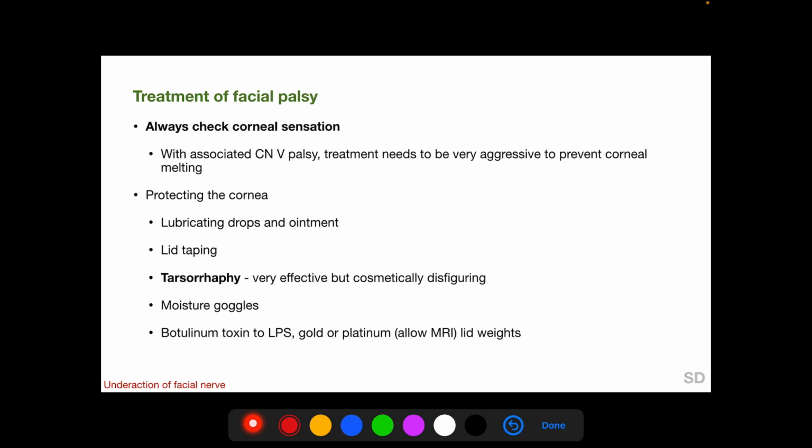Whenever we encounter a patient with facial palsy, we must always check corneal sensation, because both cranial nerve 5 and cranial nerve 7 provide protection to the cornea from external environmental insults. And in situations where both cranial nerve 5 and cranial nerve 7 are involved, there is a very high risk of rapid corneal deterioration, and treatment needs to be very aggressive.